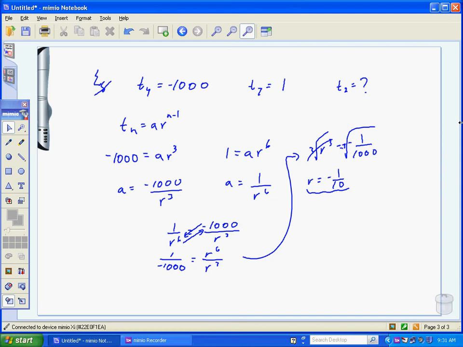What can I do with my ratio now? Plug it into one of them. If we plug it into the first, let's go into the second one, just makes life a little bit easier. We're going to get positive 1, 2, 3, 4, 5, 6 zeros.